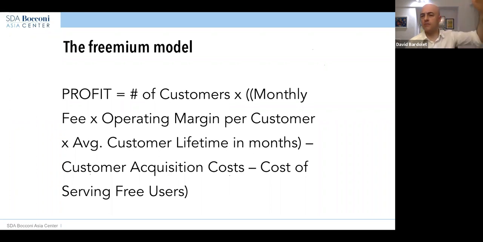Then there is the advertising money, right? But that is very marginal for Spotify. It really doesn't give them very much money. But you're hoping that by them being on the platform and listening to free music for a while, eventually they buy the subscription. So that cost of serving is really a marketing cost. It's a cost of acquisition.